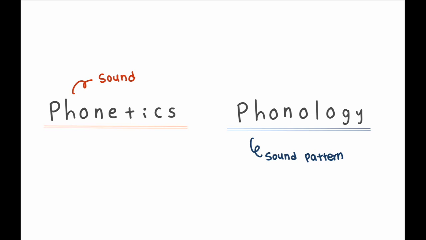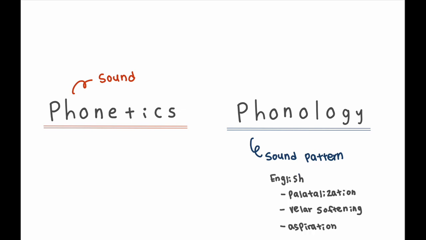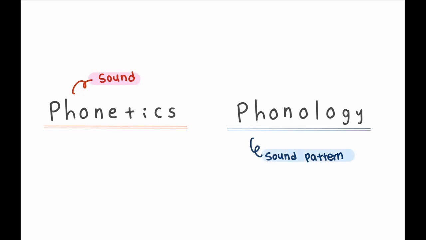For instance, there are rules such as palatalization, velar softening, aspiration, and flapping in English. I'm not going into detail right now because you will learn about this as you take the course. So basically what you have to understand right now is that phonetics is about sound and phonology is concerned with the patterns or systems of the sound.